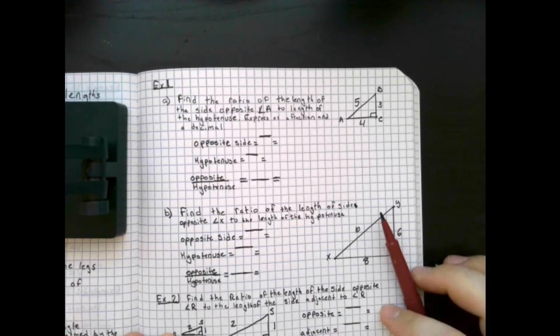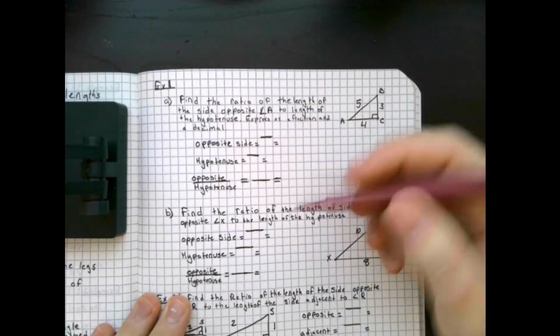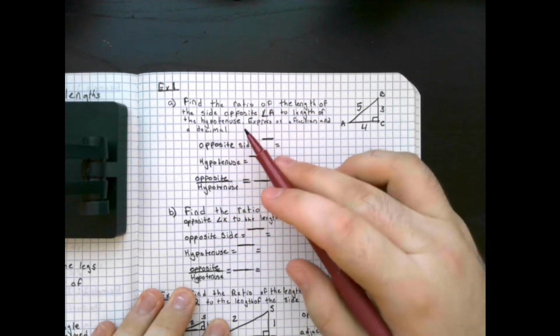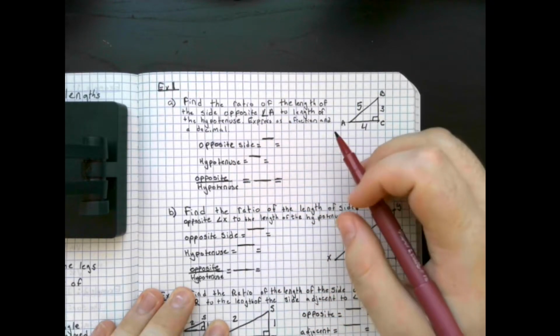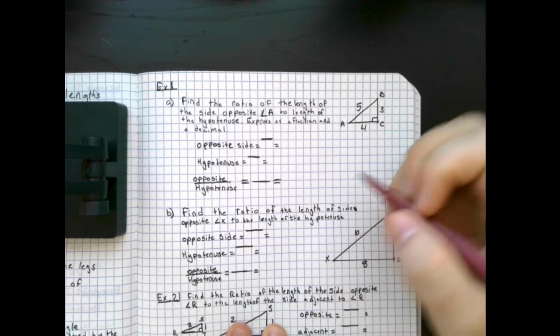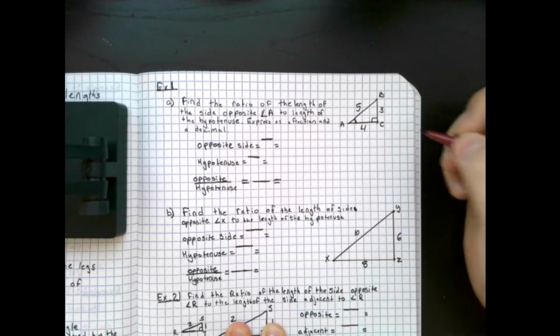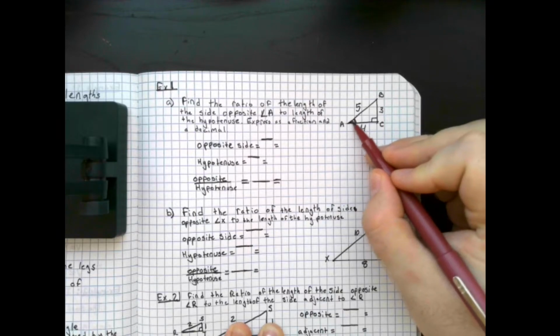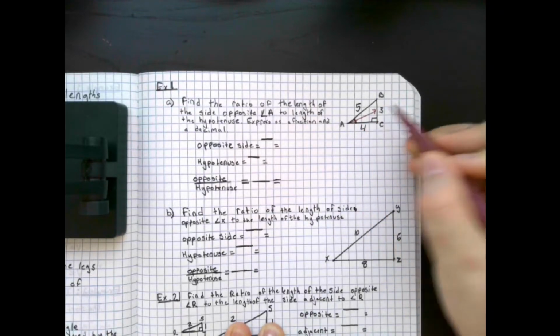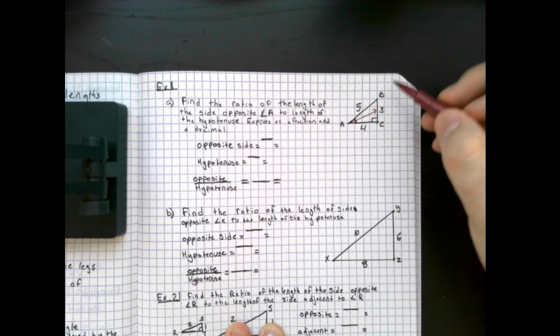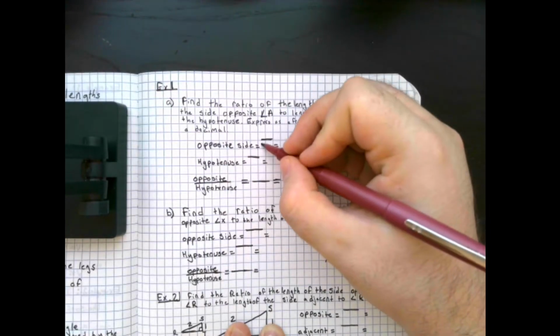Now, example 1 says, find the ratio of the lengths of the side opposite angle A to the length of the hypotenuse. Now, angle A is right here. So to find the side opposite of angle A, we would look across from it, and that's the side BC.